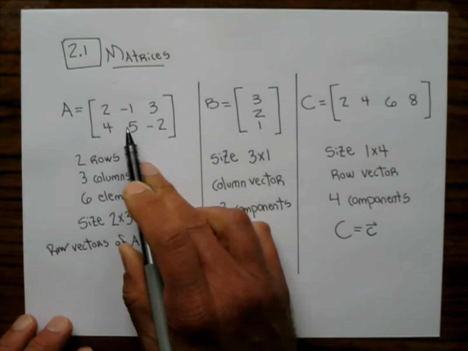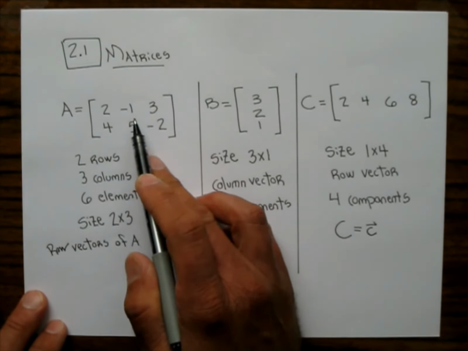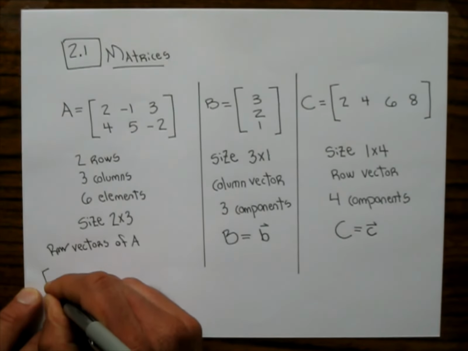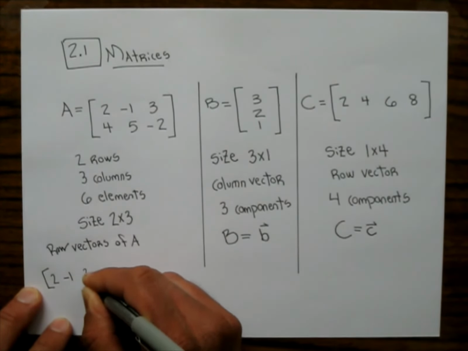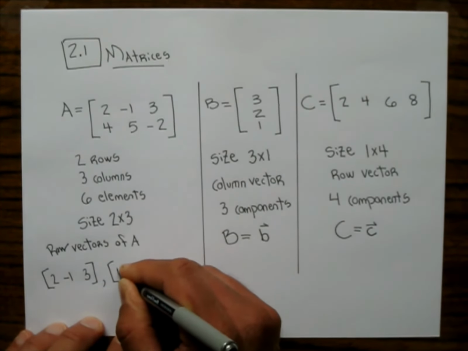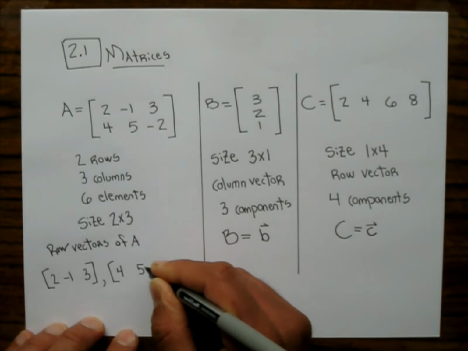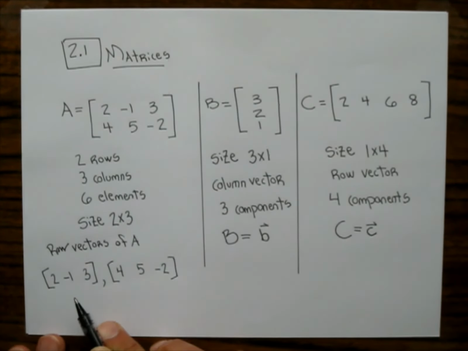Well, how many row vectors? There basically is how many rows there are, and we're going to write them as row vectors. So the first row I'll write like this: [2, -1, 3], and [4, 5, -2]. So basically I'm just writing the two rows but as row vectors, putting brackets around them.